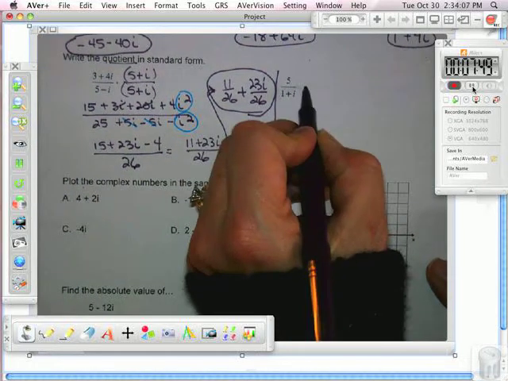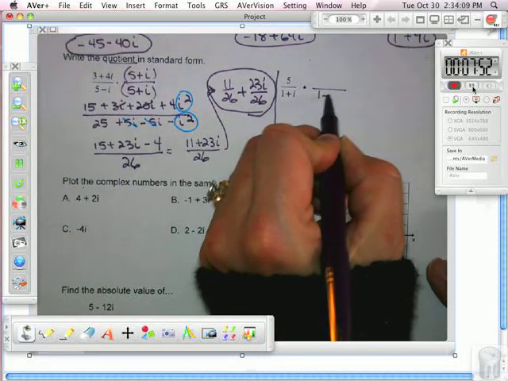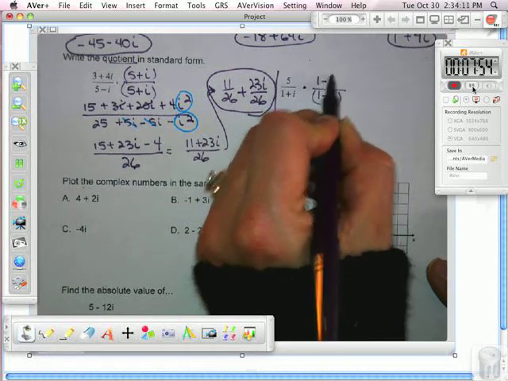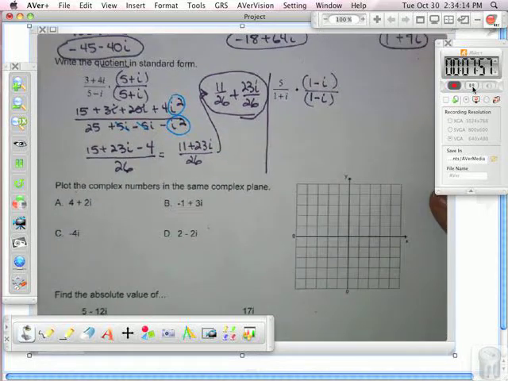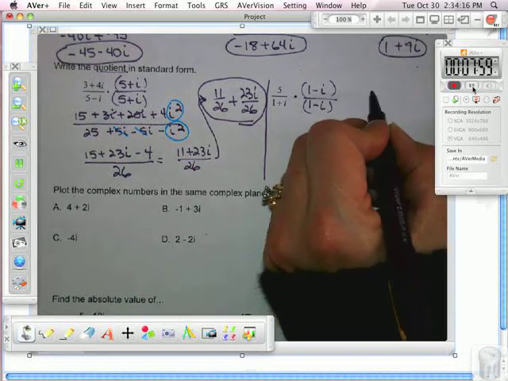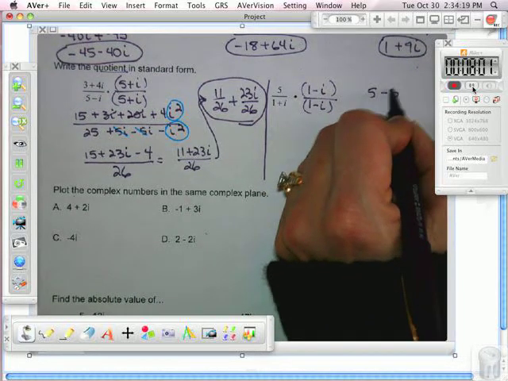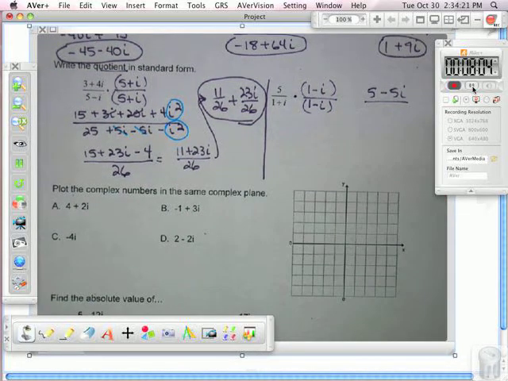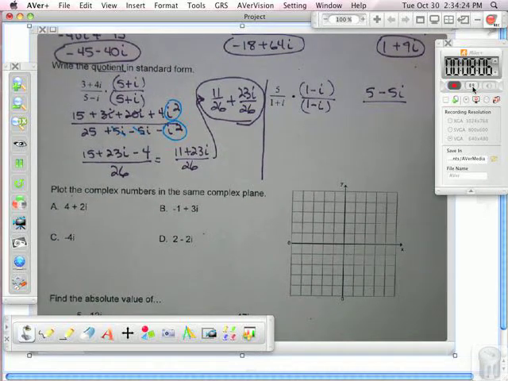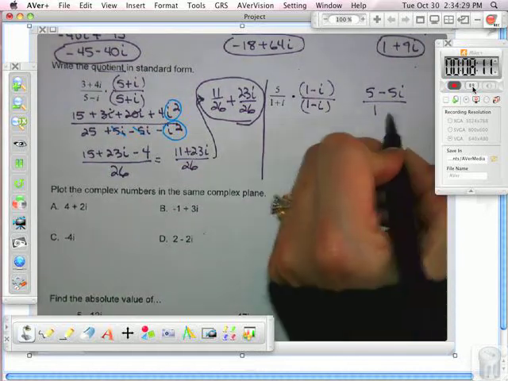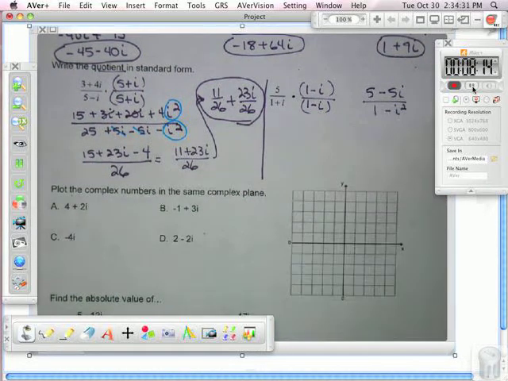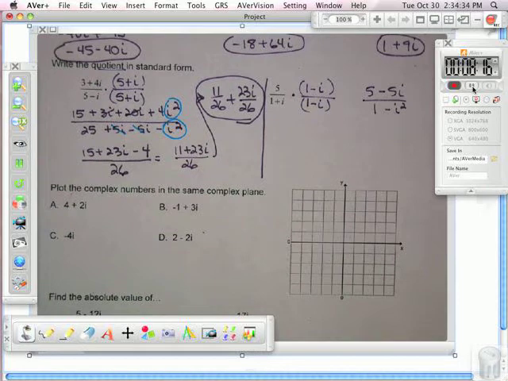This one's pretty quick. 1 minus i and 1 minus i. Multiplying by the conjugate, the numerator becomes 5 minus 5i. That's a quick, easy numerator. In the denominator, the middle term goes away, and it's minus i squared, so you're just FOILing the first and the last.